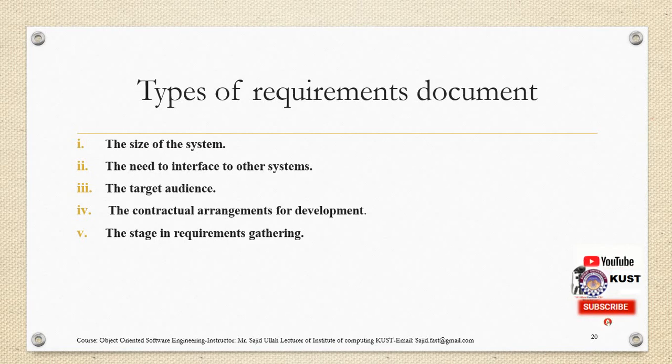The fifth is the stage in requirement gathering. At an early stage of requirement gathering, it's important not to write a large volume of precise and detailed requirements. The risk that these will have to be completely rewritten is too great. An outline describing a system or subsystem in a few paragraphs or pages may be best at this stage.